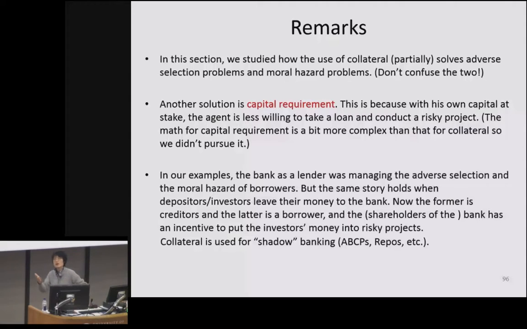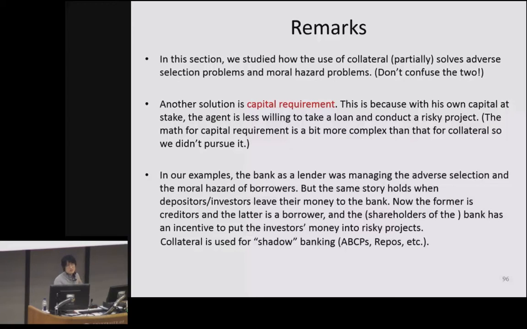The bank says, okay, you pay £20 out of your pocket, we can lend you £80, together you have £100, you can fund your project. Now the borrower has to pay £20 out of his pocket, and that is called equity. The idea is that once his own money is at stake, the borrower should be more careful, more cautious about risk-taking. That's called equity requirement.